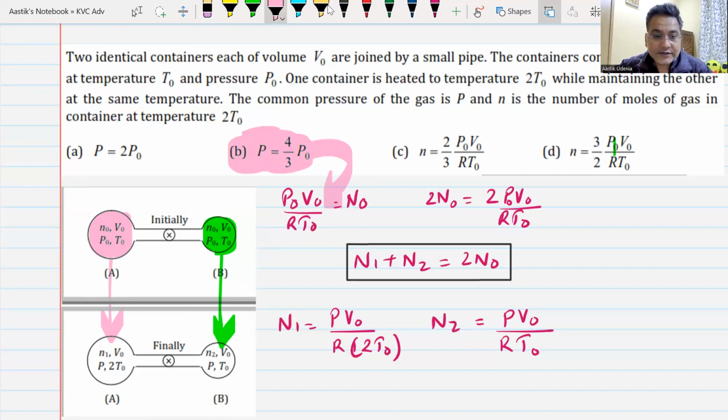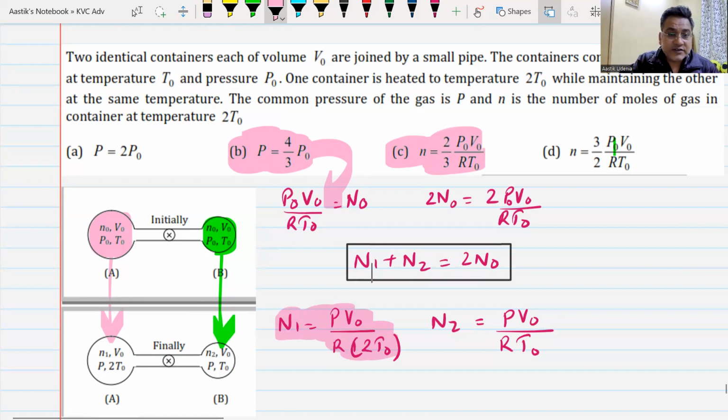You have to put the value of pressure in this equation because you have to find the number of moles in the container at 2T naught. You will get the value of N1, and the value of N1 that you are going to get is this one. So your answers are B and C.